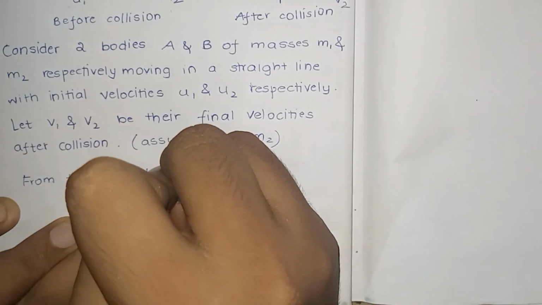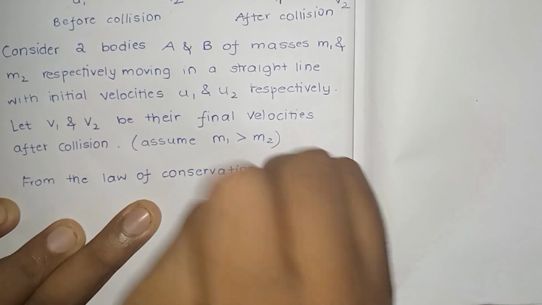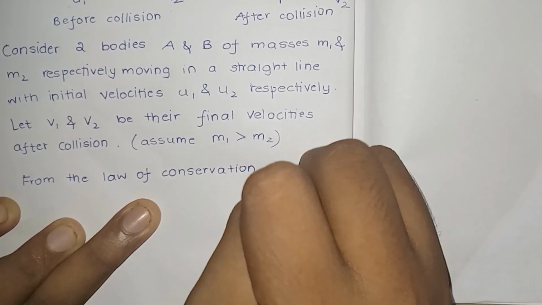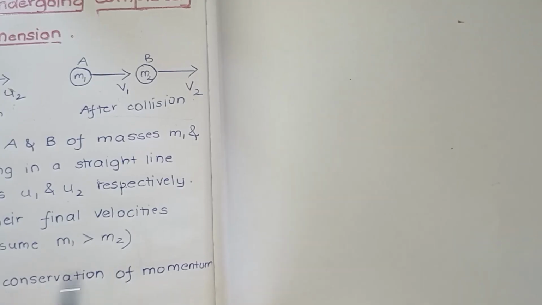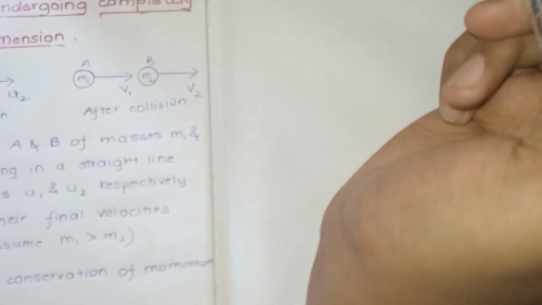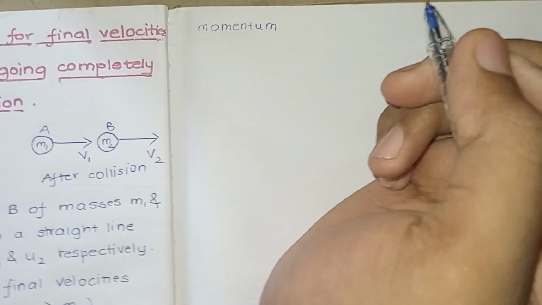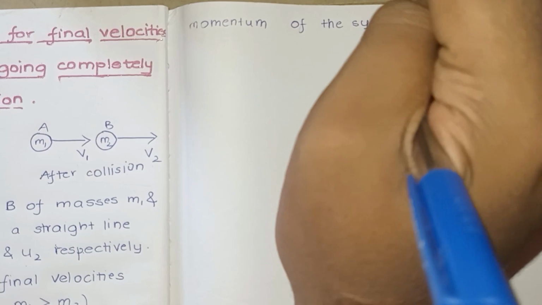Now, as we know, in elastic collision momentum and kinetic energy are conserved. We know the law of conservation of momentum from the fourth chapter, laws of motion. So the total momentum of the system before collision is equal to the total momentum of the system after collision.